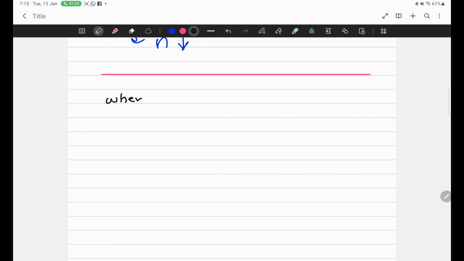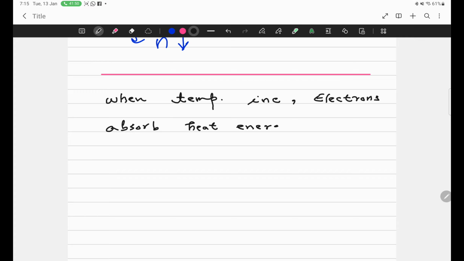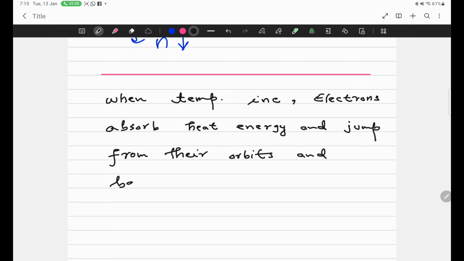When temperature increases, electrons absorb heat energy and jump from their orbits and become free electrons.